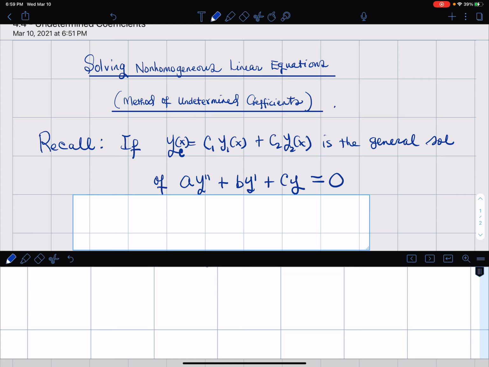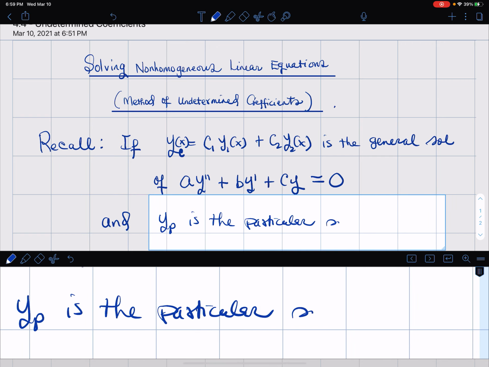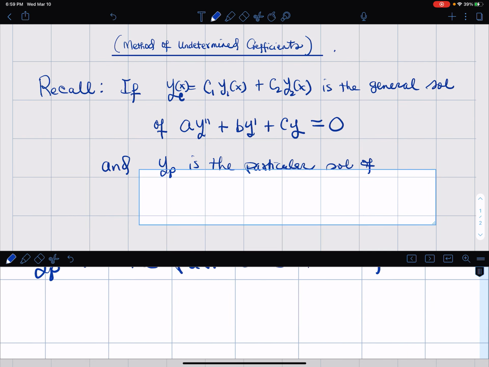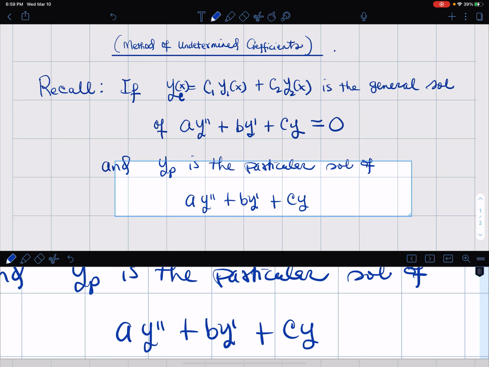And then let's also assume that yp is the particular solution of ay double prime plus by prime plus cy equals g of x, where g of x is not equal to 0.